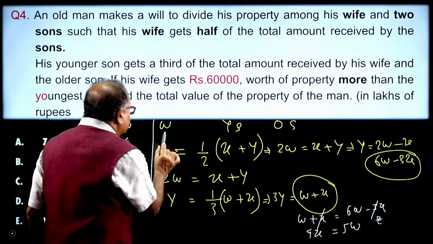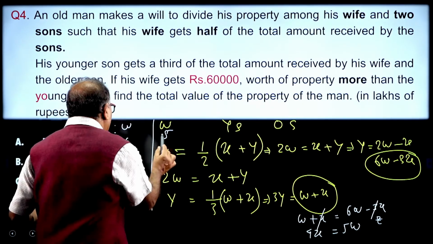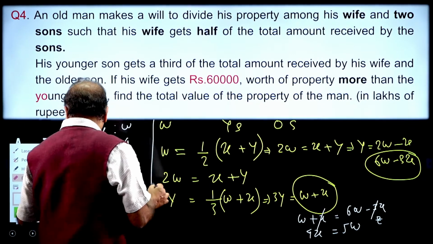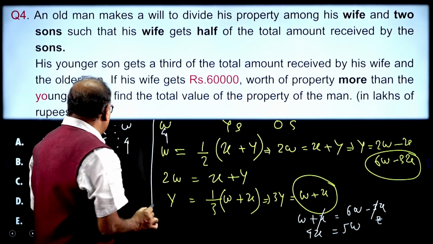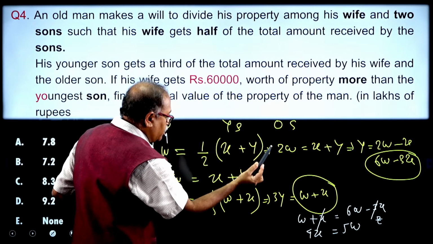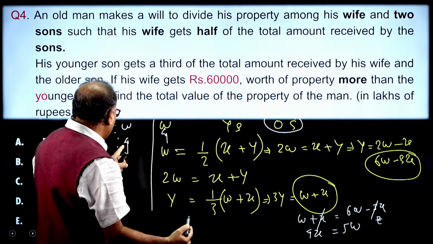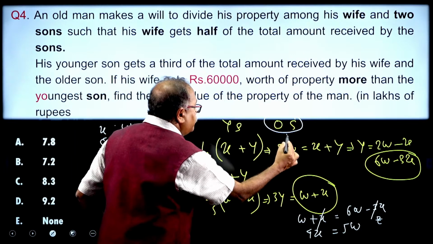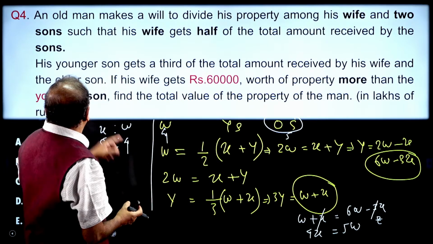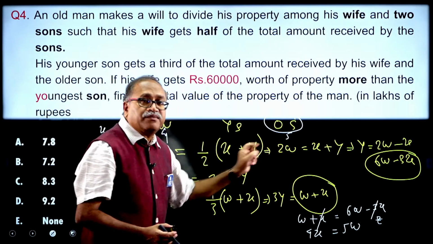So let us take x as 5, and the wife is 4. The wife is 4 and x is the older son, which is 5, and the younger son got 1/3 of 4 plus 5, that is 9.